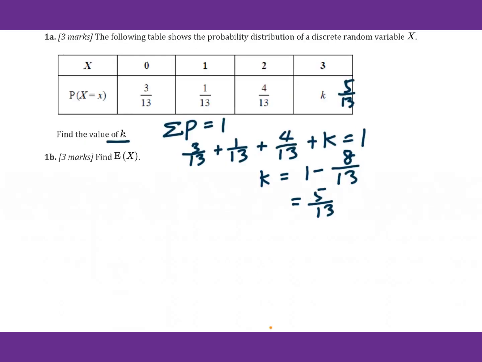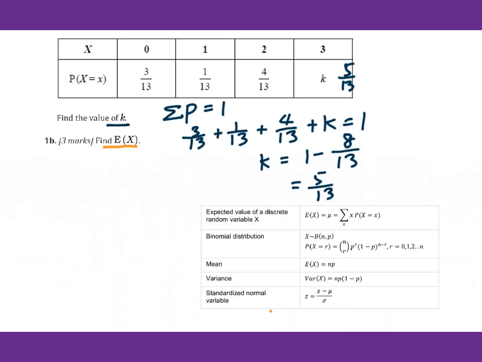For B, find the E of x, expectation of x. When you take IB exam, this formula is given.